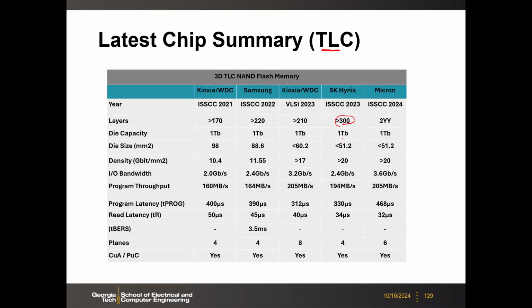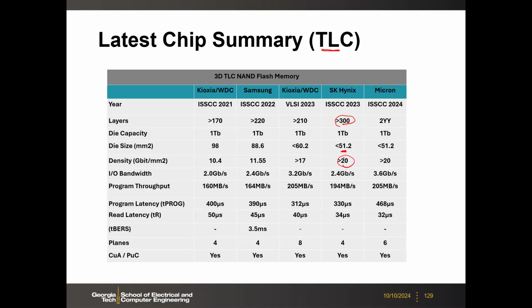But then you see the total capacity is the same, 1 terabit. But this one, since it has more layers, the chip die size is smaller. Okay, or let's say the density is more than 20 gigabit per millimeter square now. Compared to the first generation, if you recall, it's 1 gigabit per millimeter square.